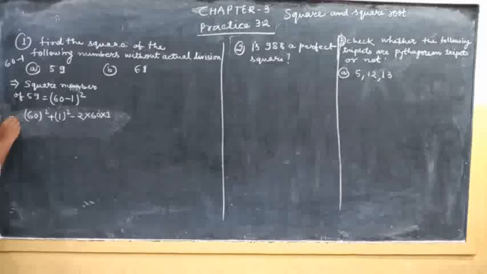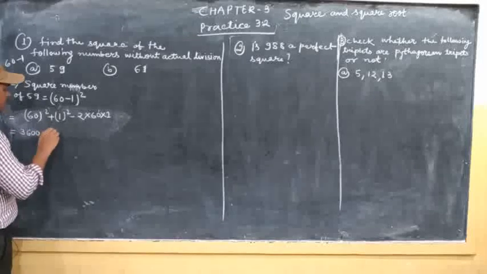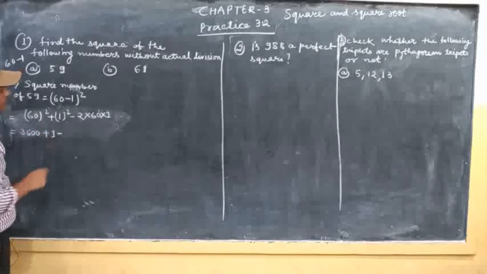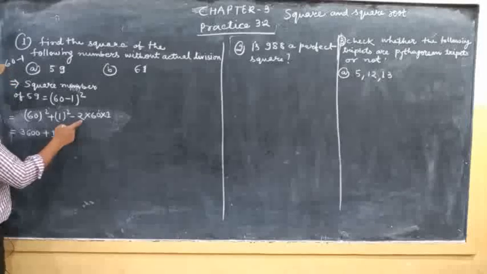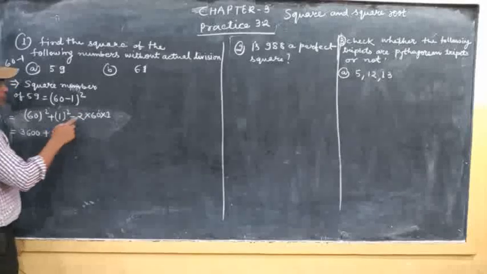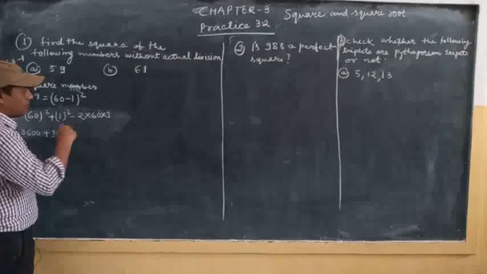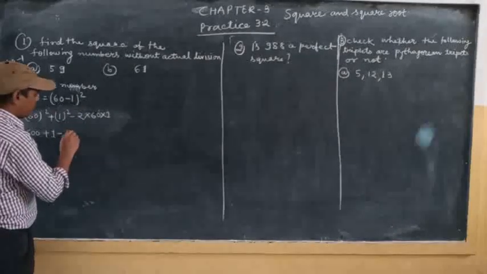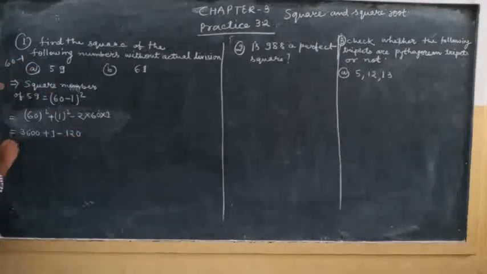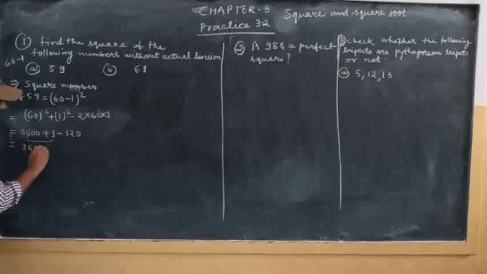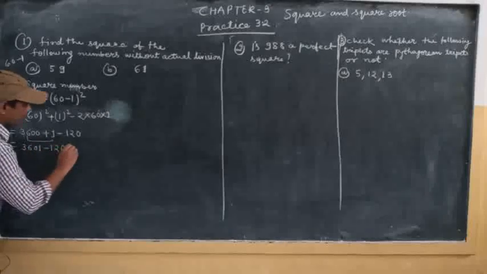Now the square of 60 is 60 into 60, 3600. The square of 1 is 1, and the product of 2 and 60 is 120. We add both numbers, 3601, minus 120.